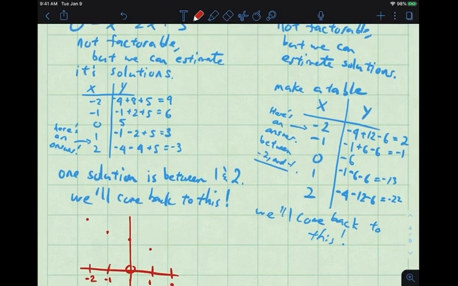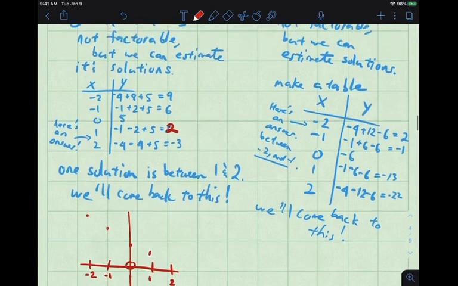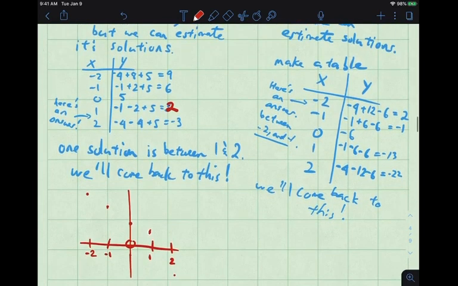Oh, it's a 2. My graph is totally weird right now.